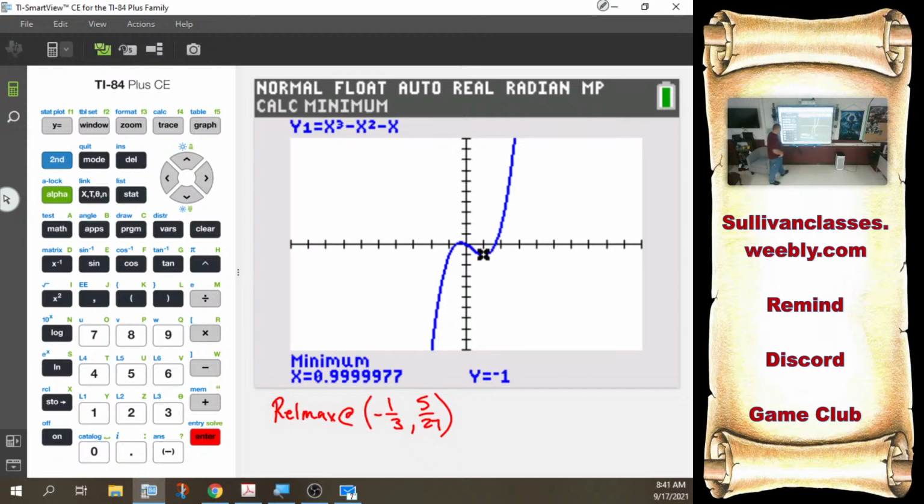So, relative minimum at 1, -1. Be smarter than the calculator. We talked about before, why does it say 0.9999999 and then the little bit of round off?